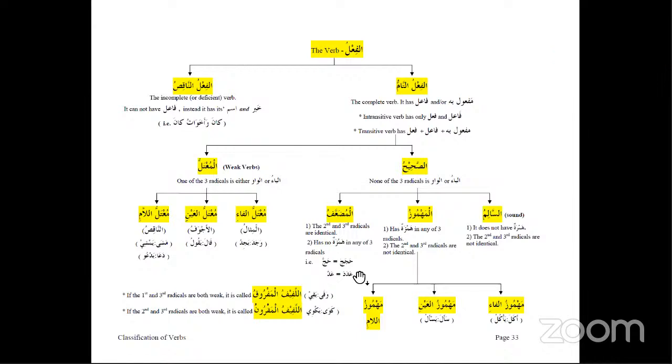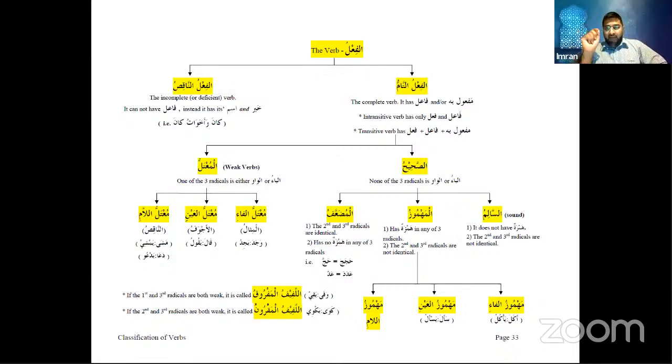So inna Zaydan waqifun. First of all, Zaydun waqifun is a complete sentence. Zayd is standing. When inna comes, inna enters a nominal sentence. A nominal sentence is mubtada and khabar.